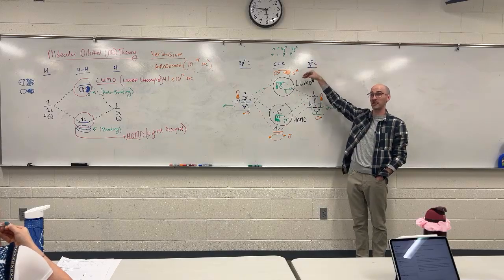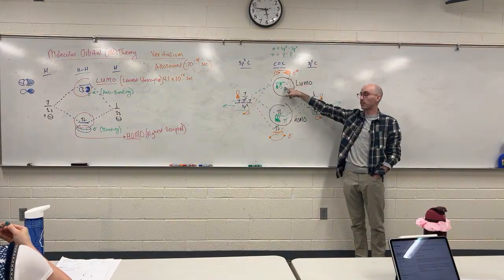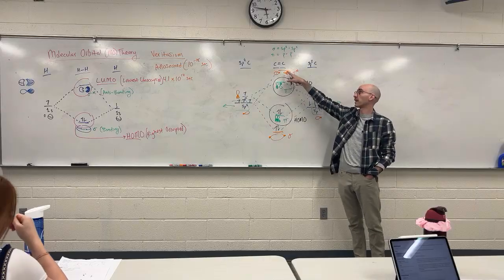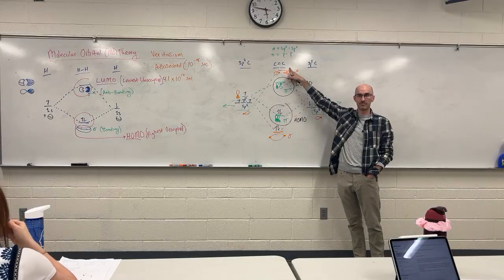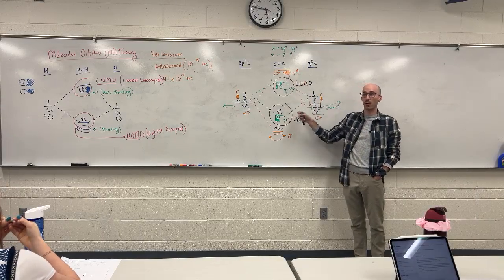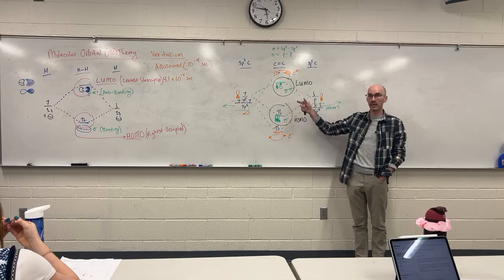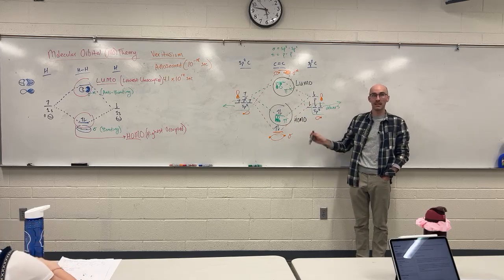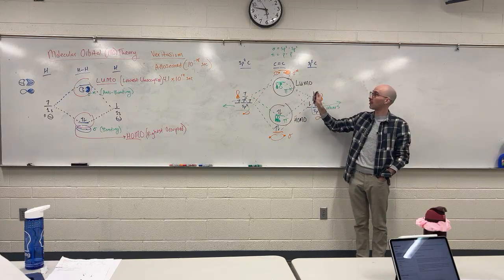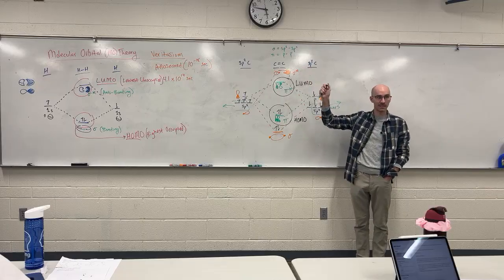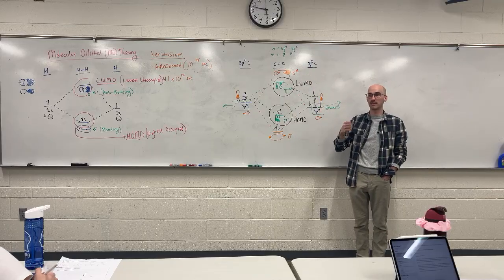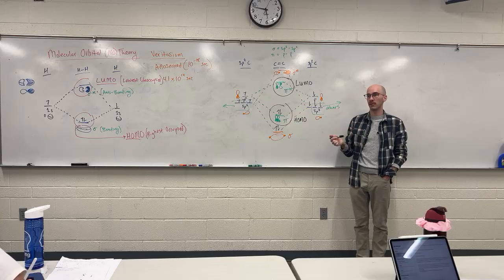So if any electrons are going to come in, it's going to break the pi bond before it breaks the sigma bond. Frontier orbitals. They tell us what is going to happen in a step. And when it comes to pi bonds, double bonded systems, it's always the pi bond that breaks before the sigma bond. That's why I love MO.